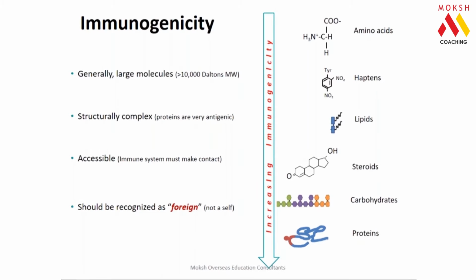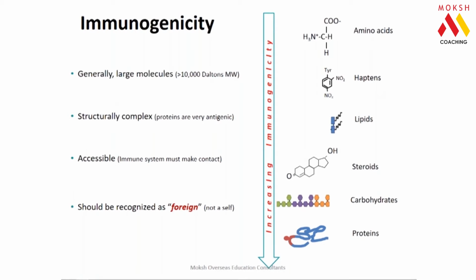A lot of the vaccines we make would be unable to elicit an immune response on their own, like the Haemophilus influenzae vaccine. It's a hapten. But what we do is we conjugate it to a protein, and then it is suddenly able to elicit an immune response. This is called conjugating a hapten to a bigger molecule.